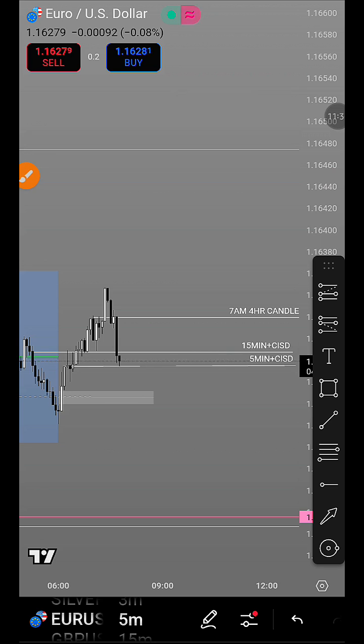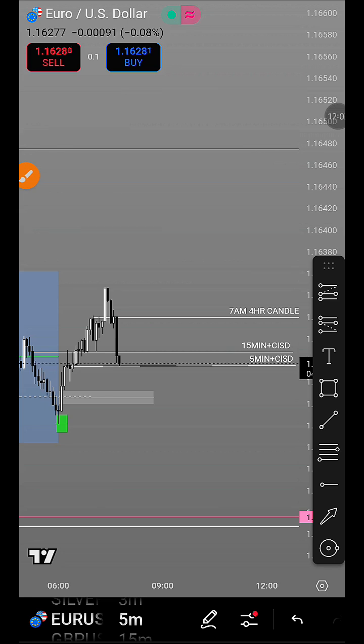So if I want to see price be bullish, I don't want to see this level get broken basically. If price is going to be bullish, I want to see this swing point hold, right?